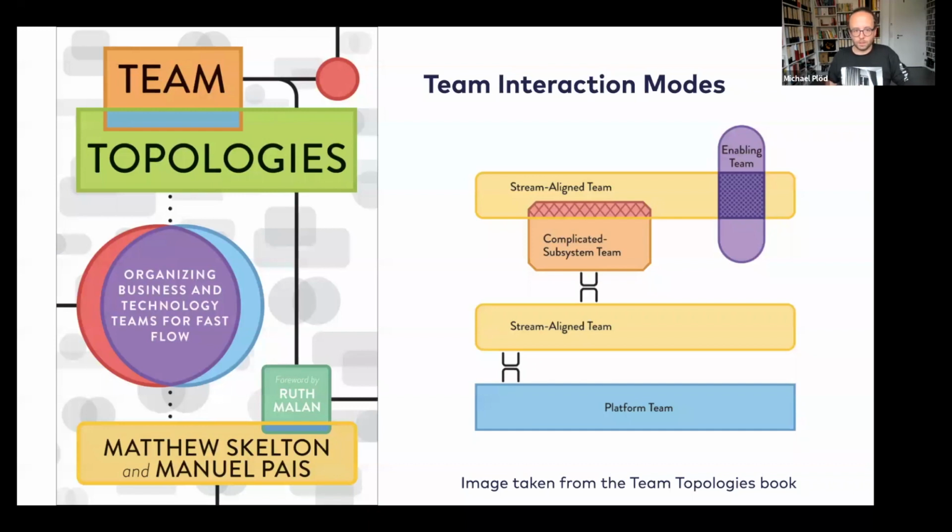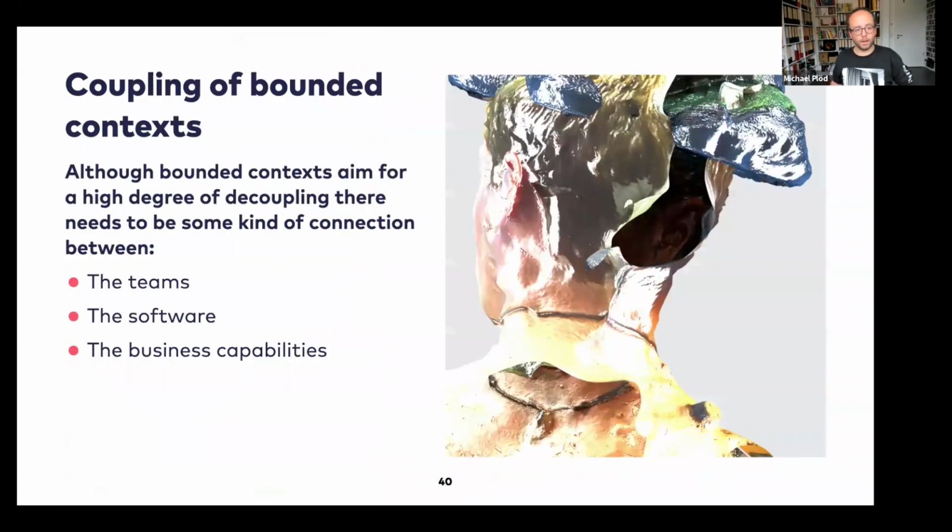And I want to change back to the DDD world. I think the team topology stuff is a really good starter. However, we can take a deeper look. We can take a look at the context map, defined in the early blue book by Eric Evans, where we can have patterns for connection between software and business capabilities.